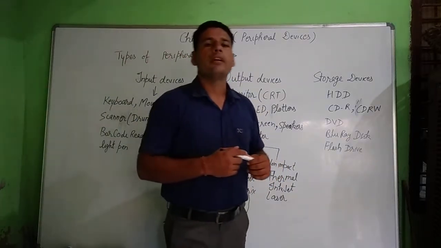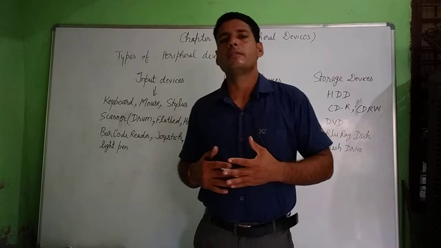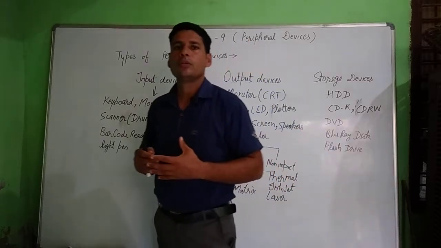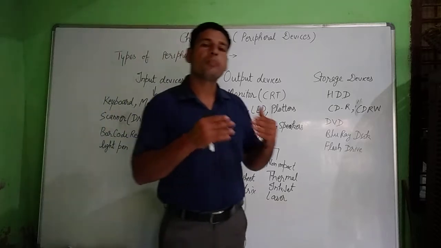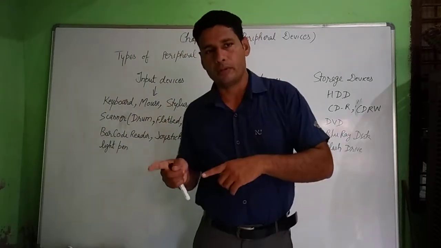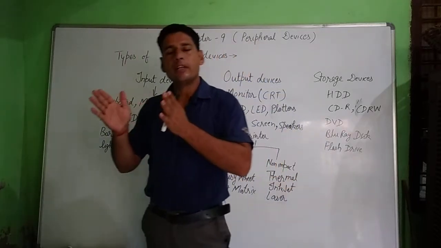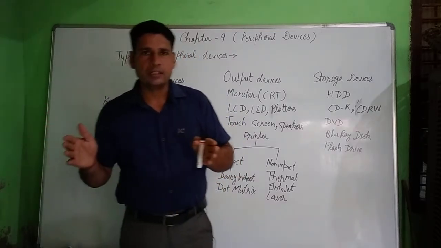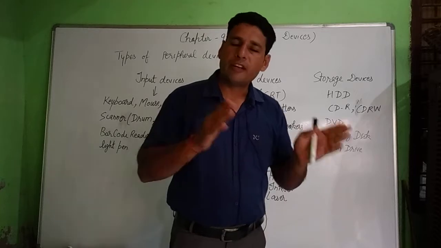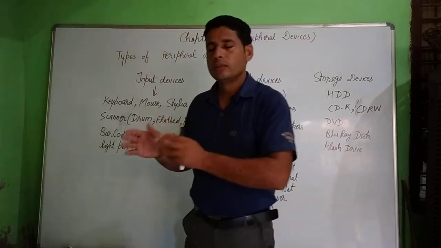A scanner is an input device which is used to scan text or pictures from paper. It means you have a paper and you can scan whatever is on that page.